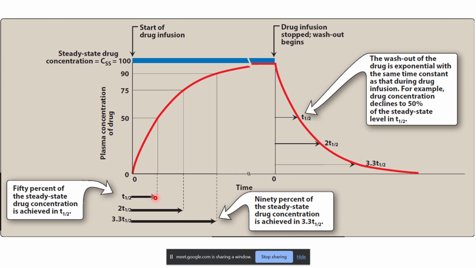We can agree that in about 3.3 times this half elimination time, about 90% of the drug will be eliminated, so the drug will be almost completely eliminated after this time.